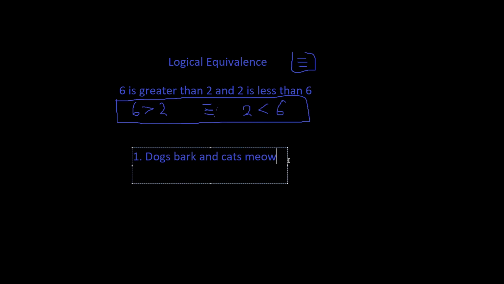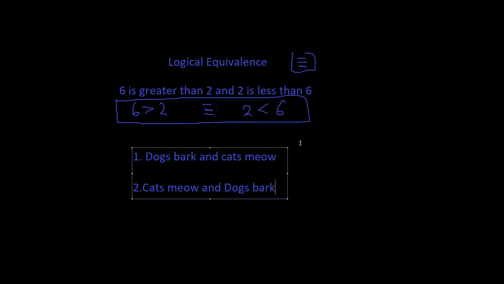And so now we're going to have another statement. This statement's going to say cats meow and dogs bark. So what do you think about this statement? It looks like it means the same thing as number 1. And so what do we say about that? We say that statement 1 and statement 2 are logically equivalent to each other.